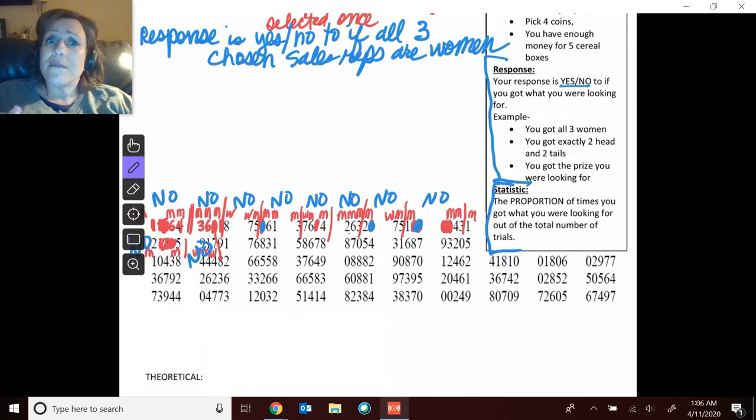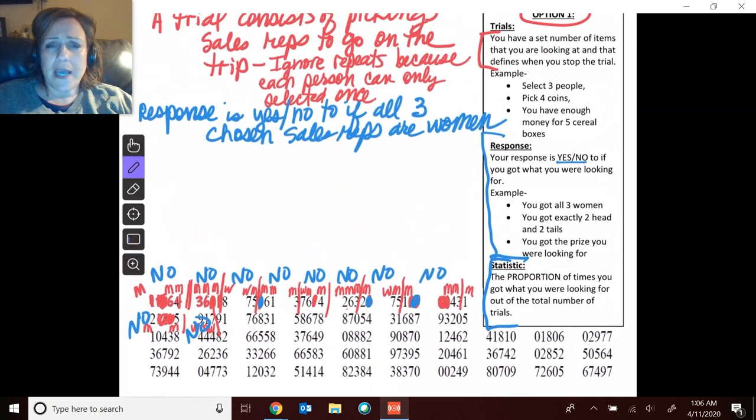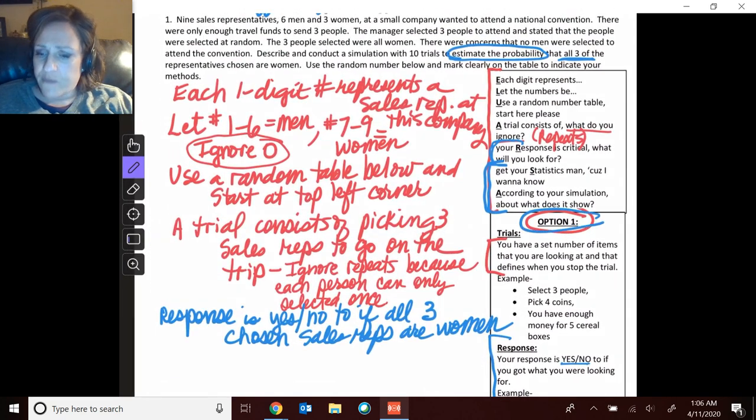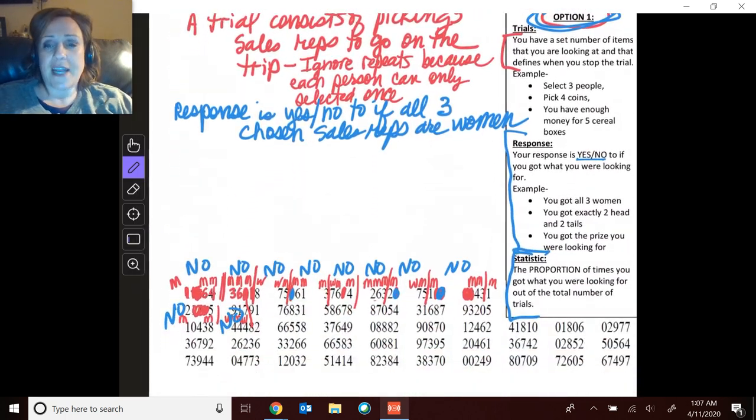One of the keys to knowing I'm following this option 1 process is that it asked me to estimate the probability, or what is the chance. If it had said to estimate the average number of things, that's a different process, and we're going to cover that in notes 2. So these all say estimate the proportion, or estimate the probability, or what is the chance that it occurs.